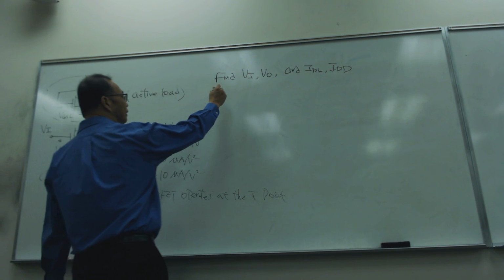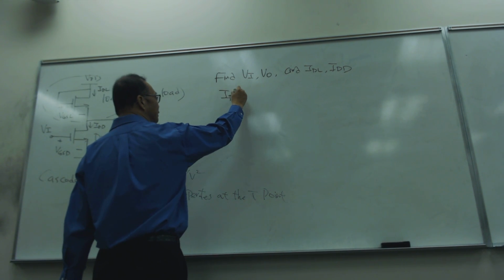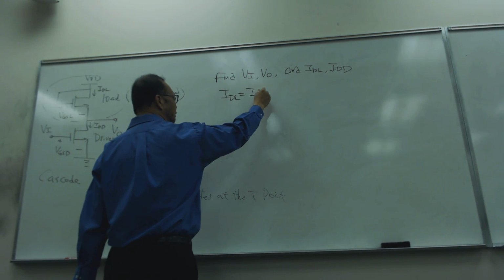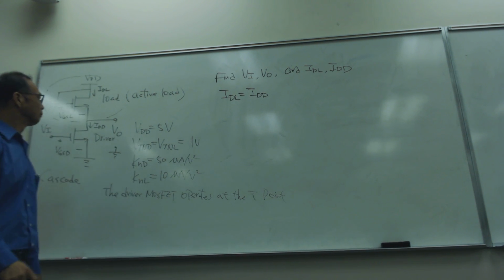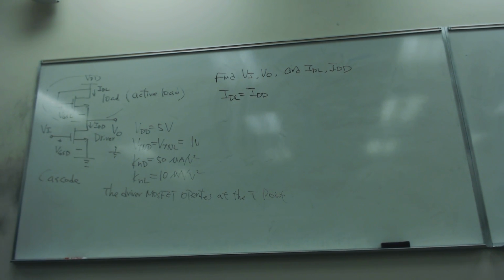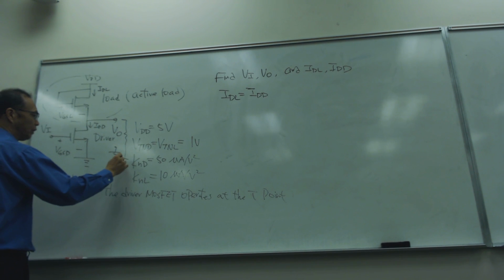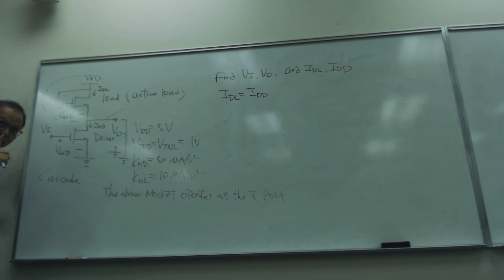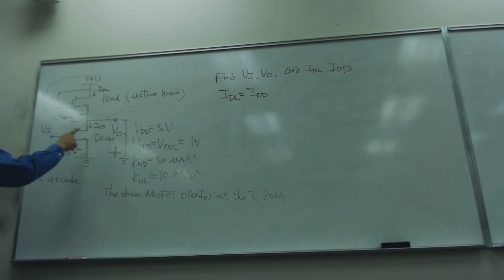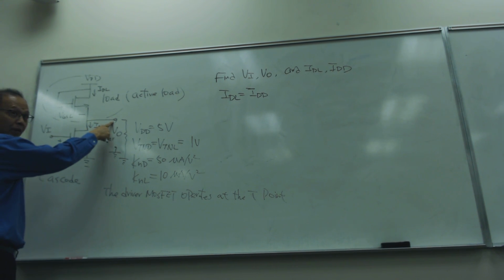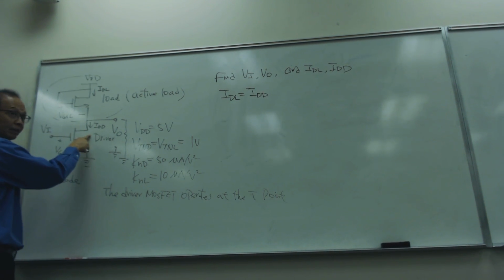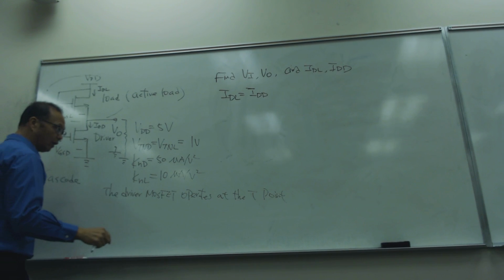First of all, you should know that IDL is the same as IDD, right? If I put a resistor here, that's a different story. Yeah? I did not have anything, so it's open. If it's open, the current here must be the same as current here, right?